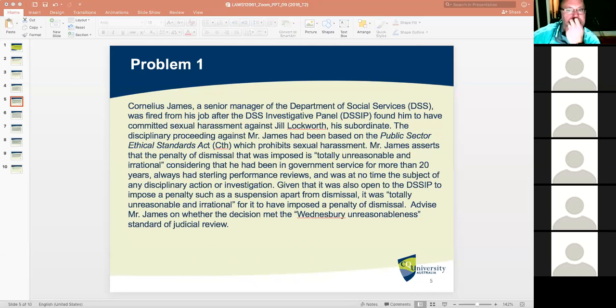Mr. James asserts that the penalty of dismissal that was imposed is totally unreasonable and irrational, considering that he had been in government service for more than 20 years, always had sterling performance reviews, and was at no time the subject of any disciplinary action or investigation. Given that it was open to DSS-IP to impose a penalty such as a suspension apart from dismissal, it was totally unreasonable and irrational for it to have imposed a penalty of dismissal. Advise Mr. James on whether the decision met the Wednesbury unreasonableness standard of judicial review.